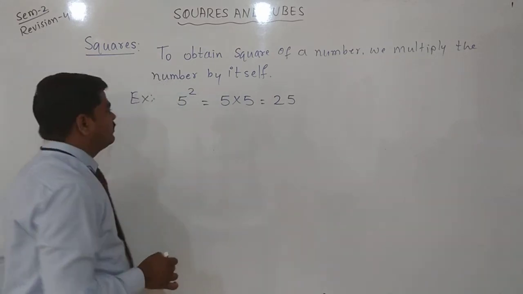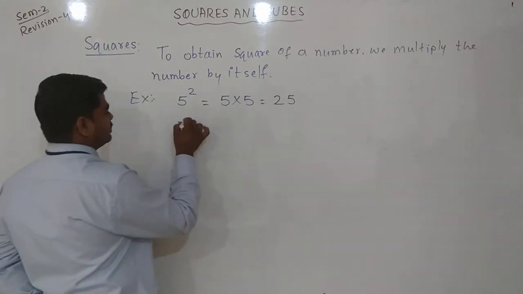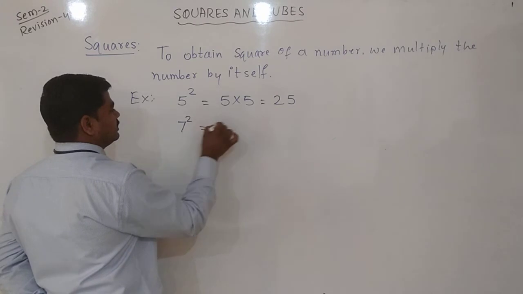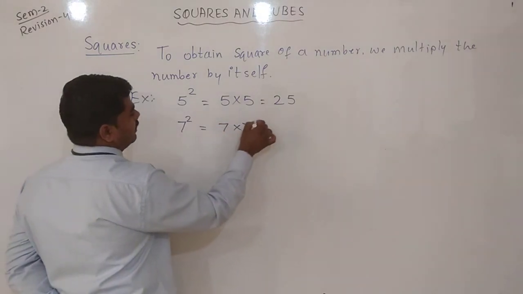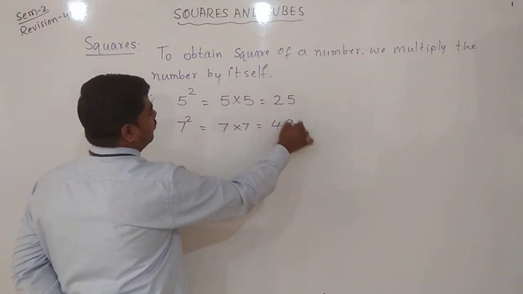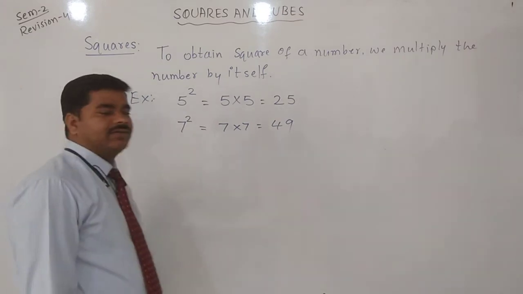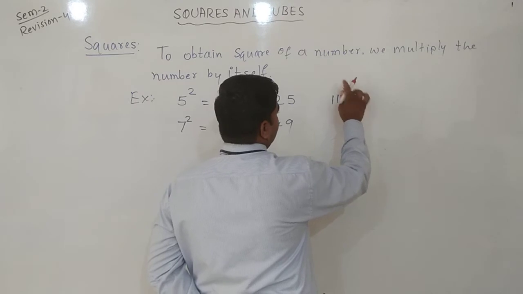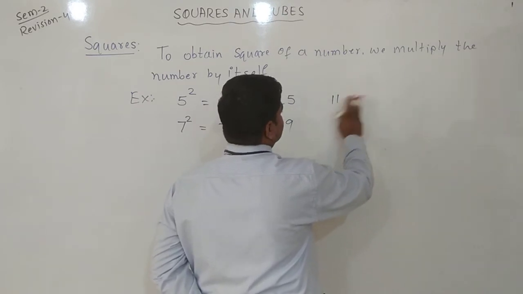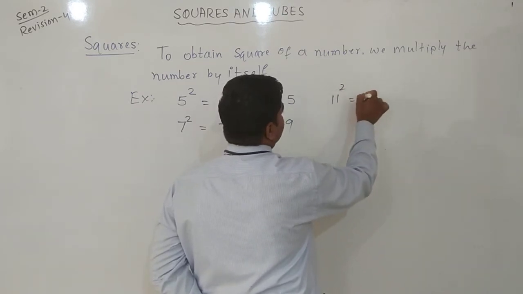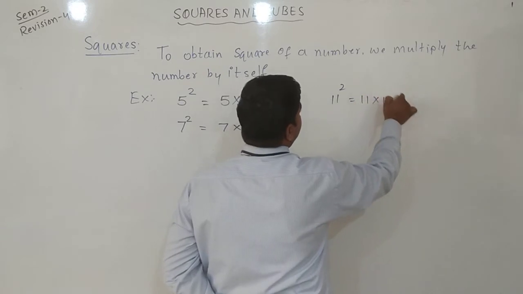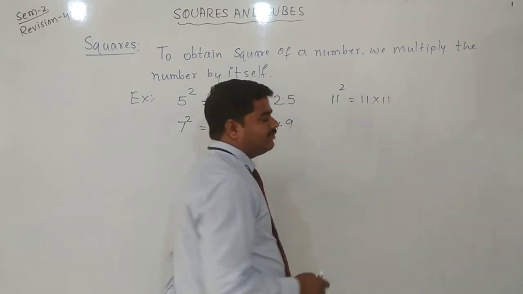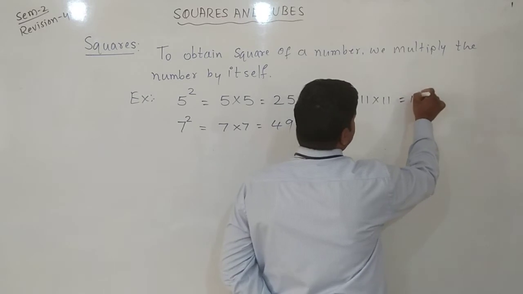Yes or no? Then one more number, 7 square. 7 into 7, that is 49. 7 sevens are 49. 11 square is 11 into 11. 11 elevens are 121.